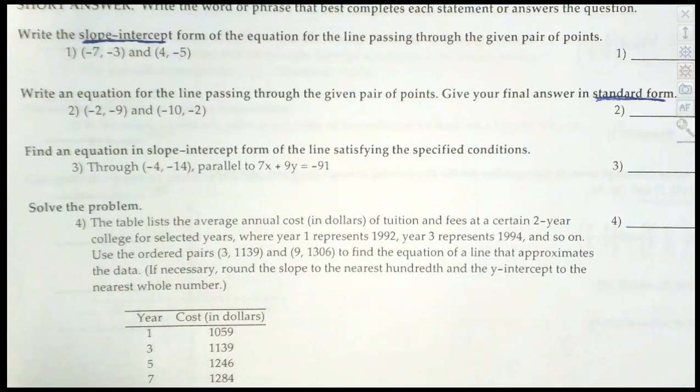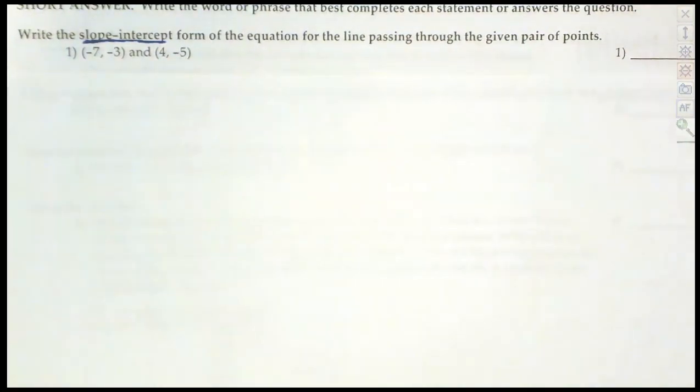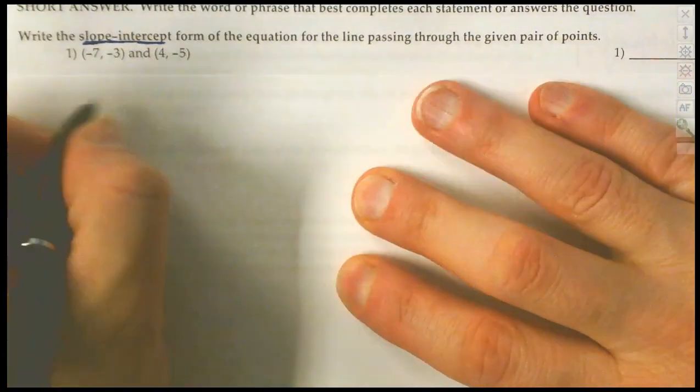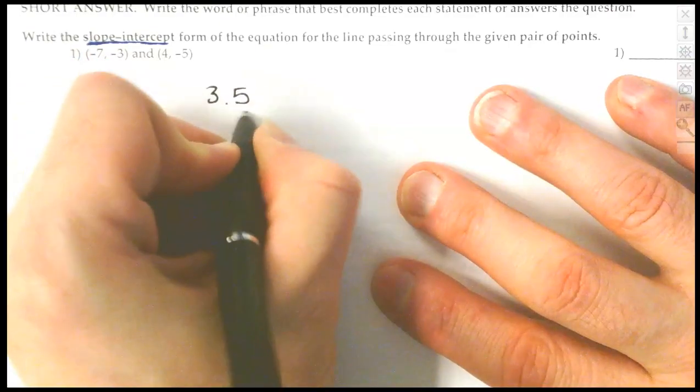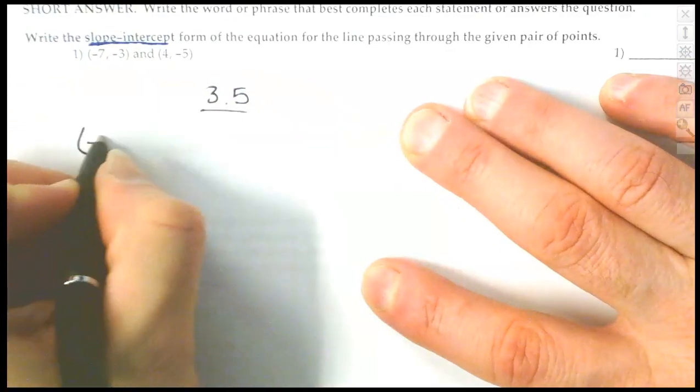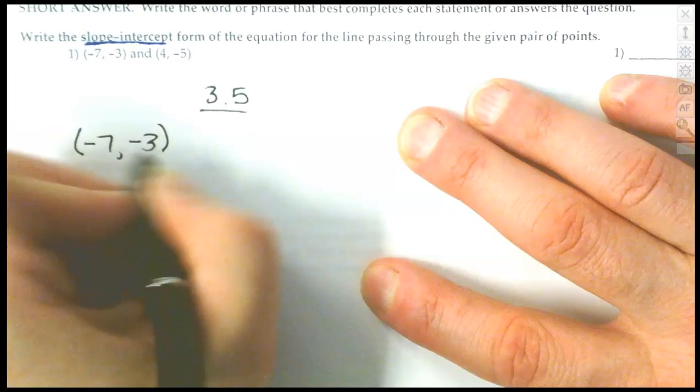So we've done all the ones already with slope-intercept. So we're going to do question 1, just like we did the ones out of 3-4. Okay, we're going to solve it for 1. So for question 1, and this is 3.5, we've got 2 points. We've got -7, -3.